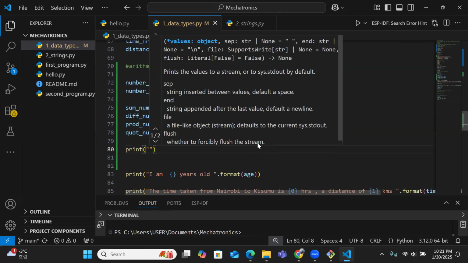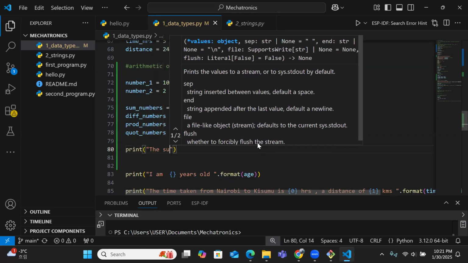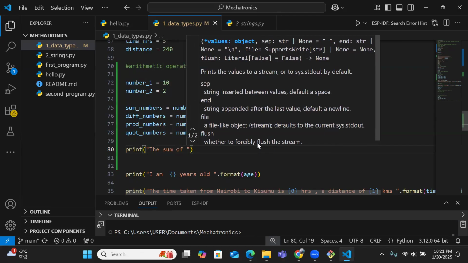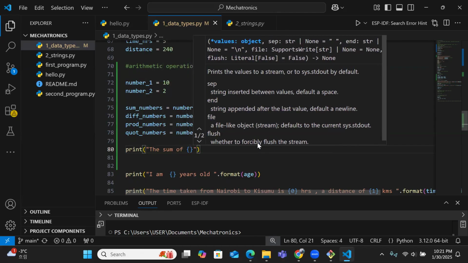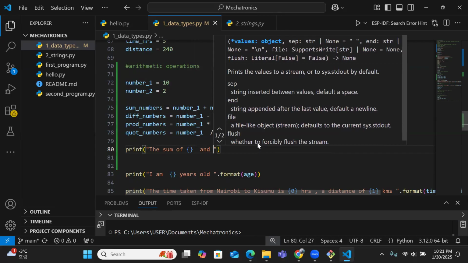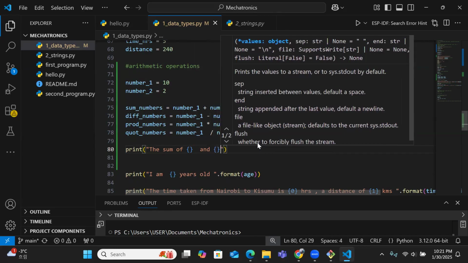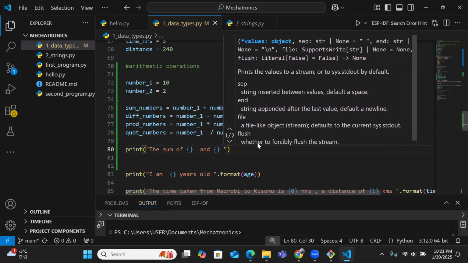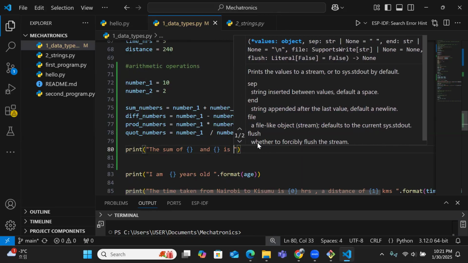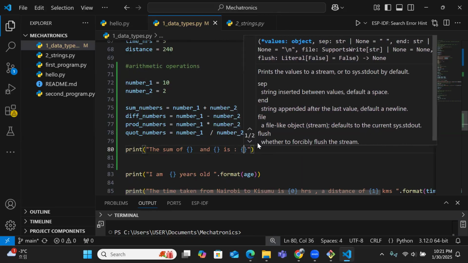So the sum of that and that is like that.